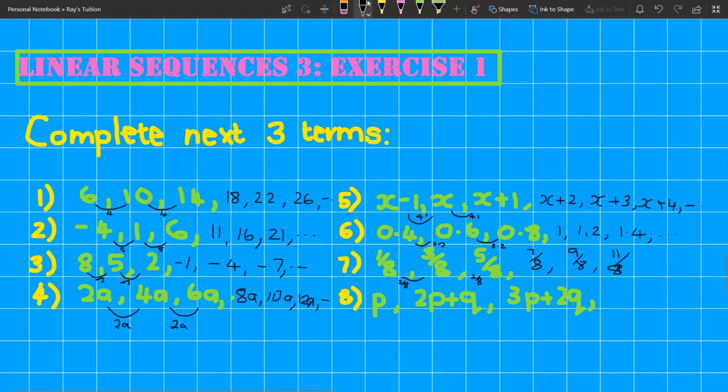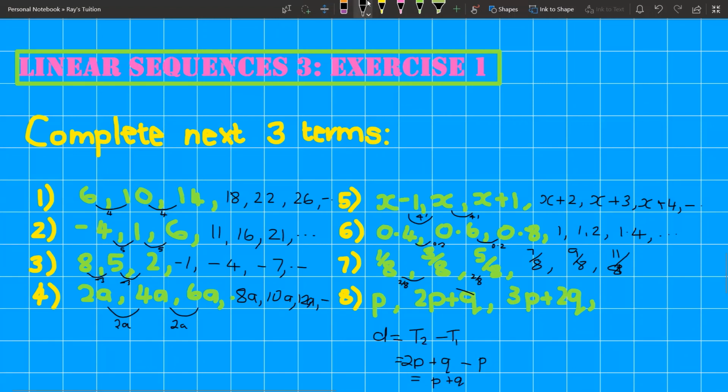The next one is a little bit trickier. We have to find out what are we adding. So one way you can do it is subtract. To get the difference, you can say T2 minus T1. So T2 is 2P plus Q minus T1, which is P. Then simplifying that, we get that it's P plus Q. So each time we're adding a P plus Q. So 2P plus Q plus P plus Q is 3P plus 2Q.